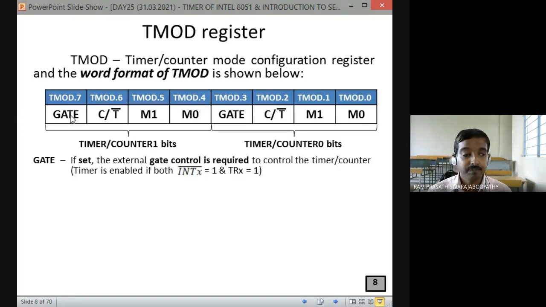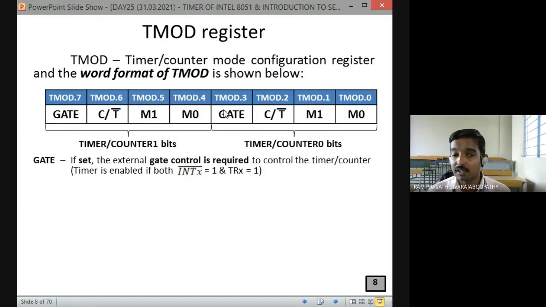The pins we are going to use for that are INT0 bar and INT1 bar. That means if I enable gate control, this must be the condition to run the timer. I will tell you what TRx is later. As of now, these pins, INT0 bar and INT1 bar, are going to enable the timer operation.